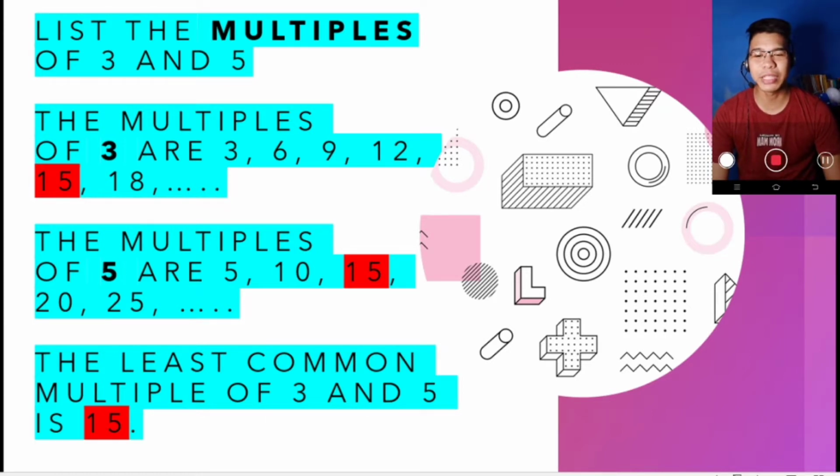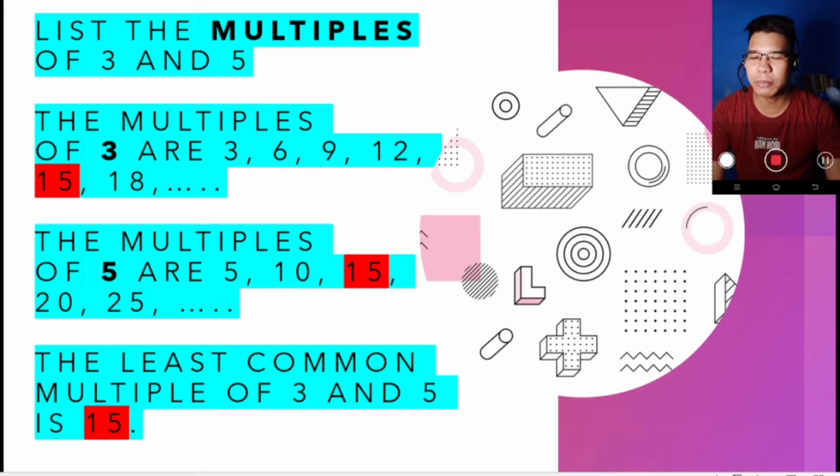So 3 times 1 is 3, 3 times 2 is 6, 3 times 3 is 9, 3 times 4 is 12, 3 times 5 is 15, and 3 times 6 is 18, and so on.